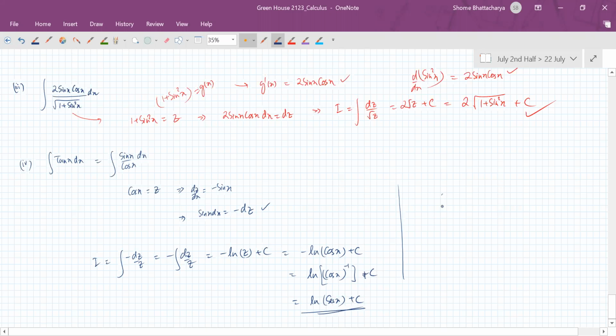So in that, as I said, we are using this property that ln of e to the power n is n times ln e. So ln of 1 by e or ln of a to the power minus 1 is minus ln a. So the reverse of that property is going to be useful.